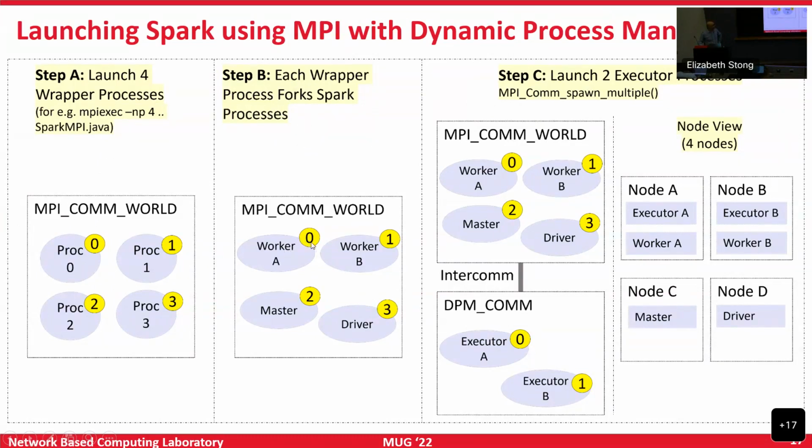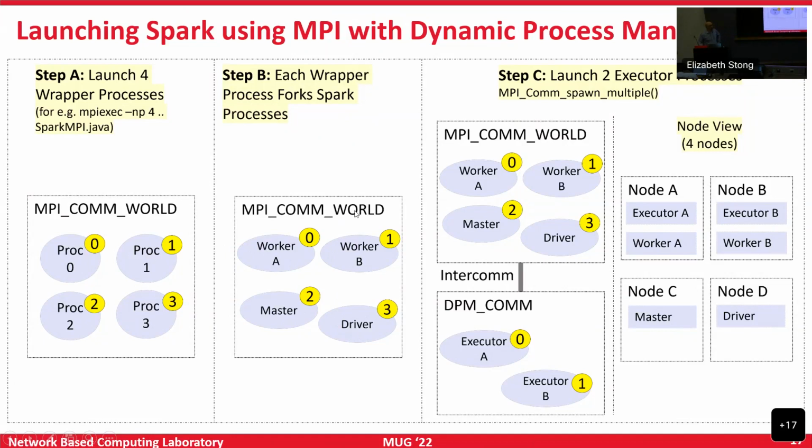In this case, process 0 becomes worker A, process 1 becomes worker B, process 2 becomes master, and process 3 becomes the driver. This is a simple fork system call that we are using inside these newly launched MPI processes.